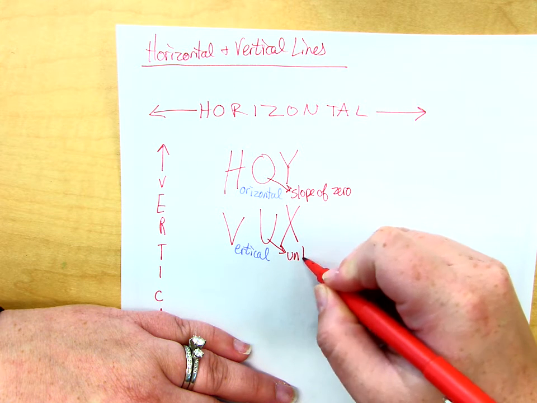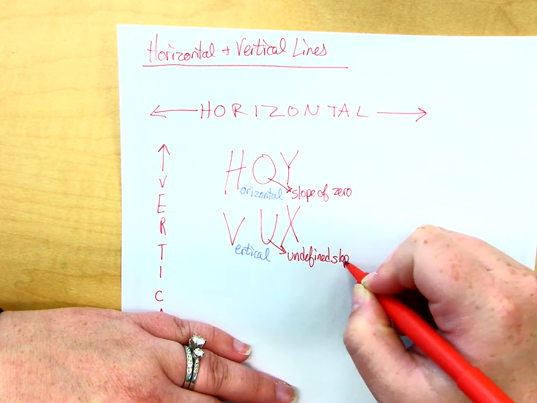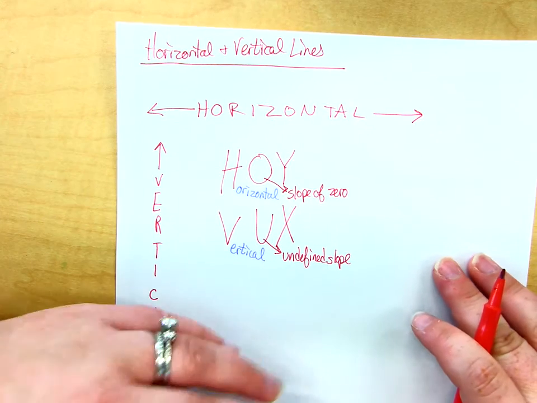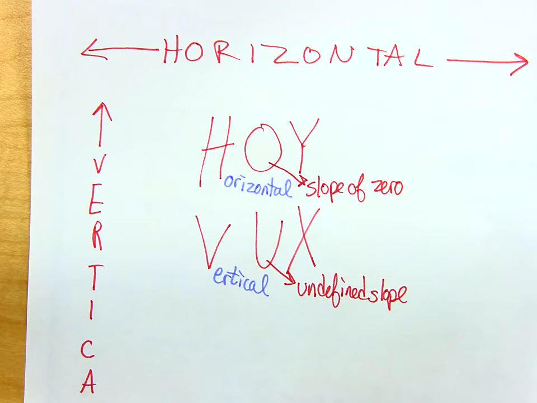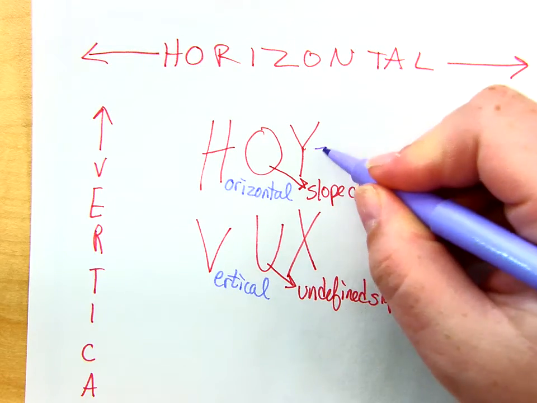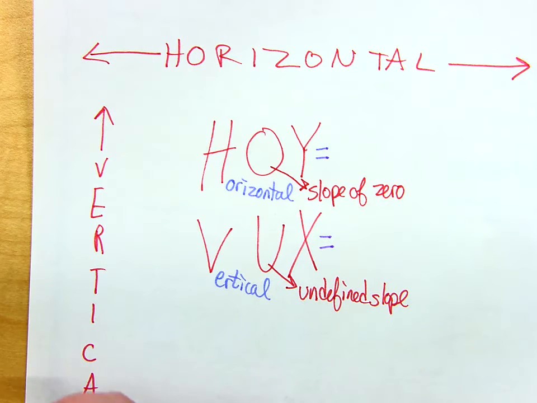So we'll just say undefined slope. And then the last letter just tells you what your equation's going to look like. If it's a y, it's just y equals whatever it is, and then x is just x equals whatever it is. So watch how we might go through this.